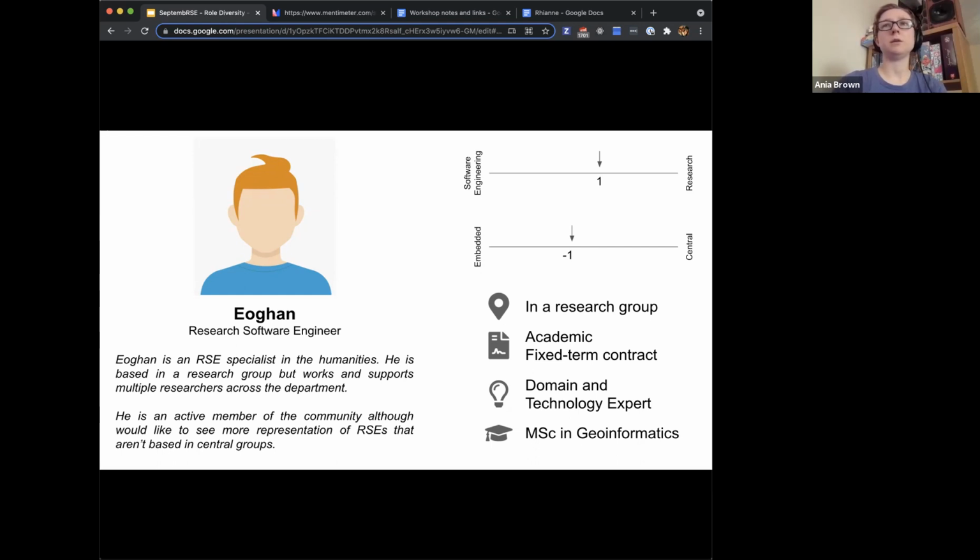In terms of being currently a member of the community, while Owen, again, is described as being an active member of the community, we did hear the point that in general, for people in the humanities, it might be very difficult to find common ground with the majority of the RSE community, which can appear very science focused, very HPC focused, and that existing communities, such as the digital humanities, are also shifting maybe away from RSE to be more focused on using software than writing it.